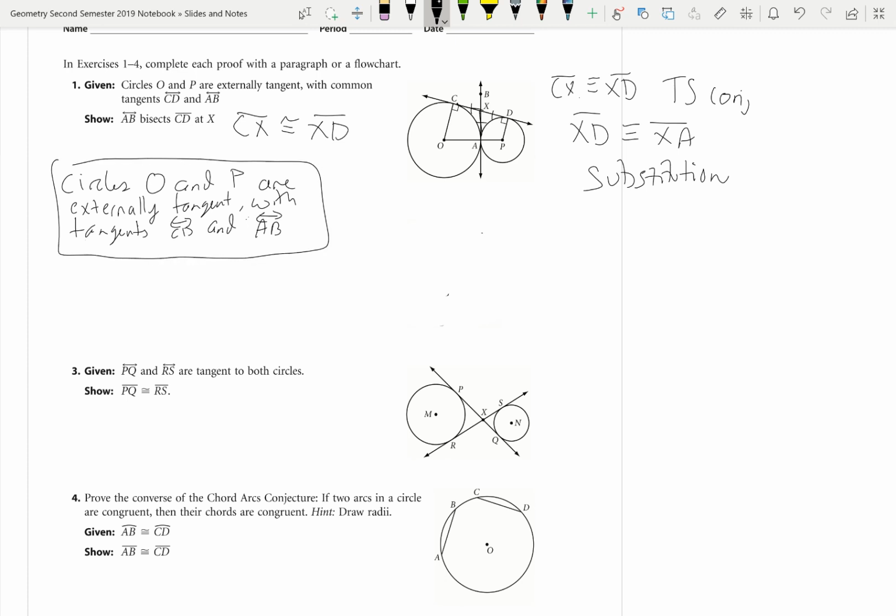Okay, and that is given. And from there, we know that CX is congruent to XD, and that XD is congruent to XA. And those are all by TS conjecture.